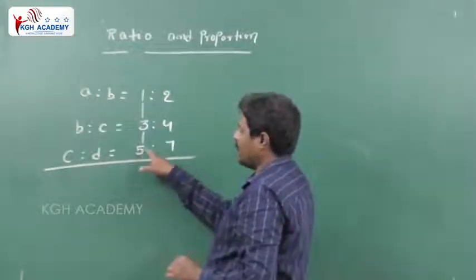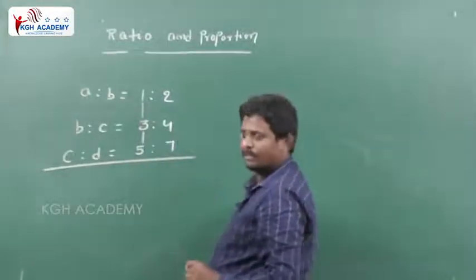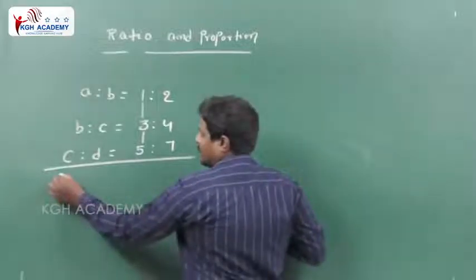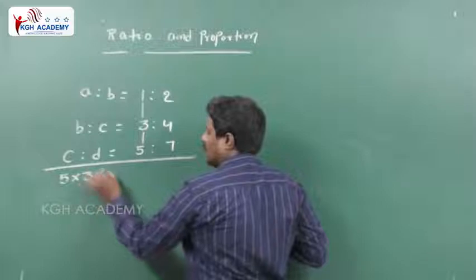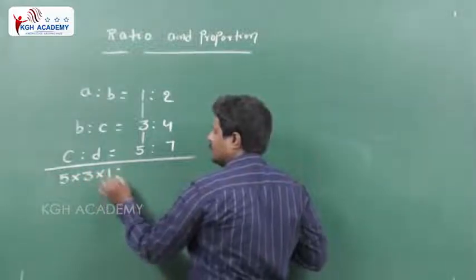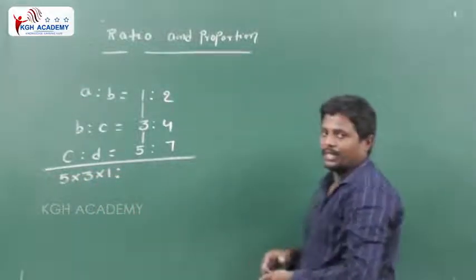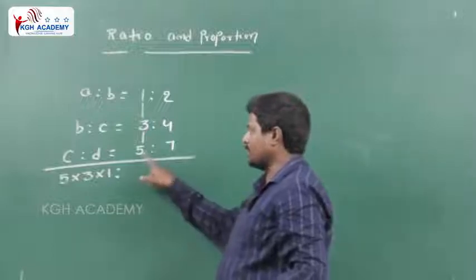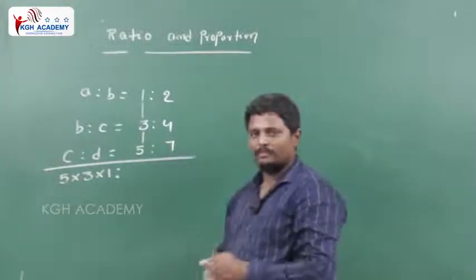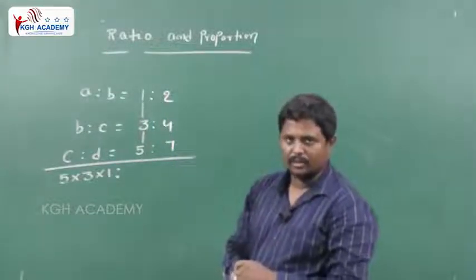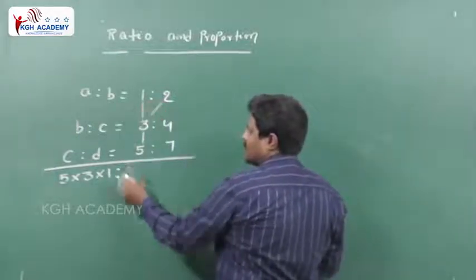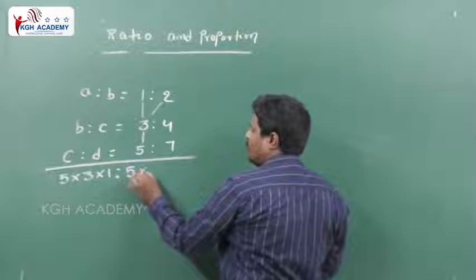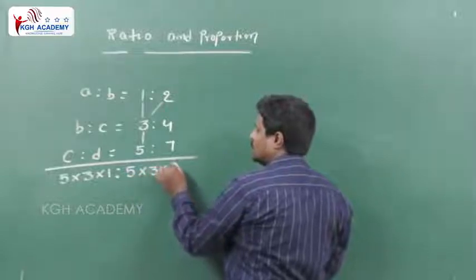What is the multiplication? The first step is 5 into 3 into 1. The second step is 5 into 3 into 2.